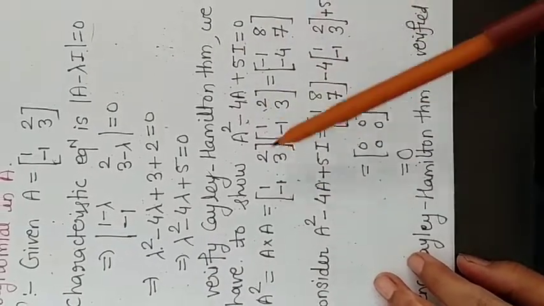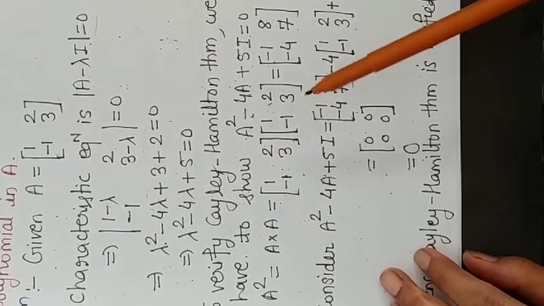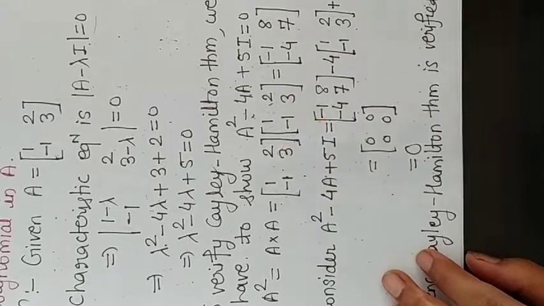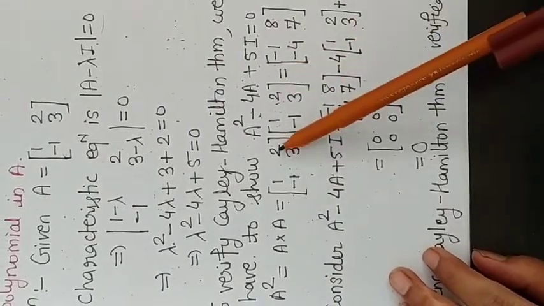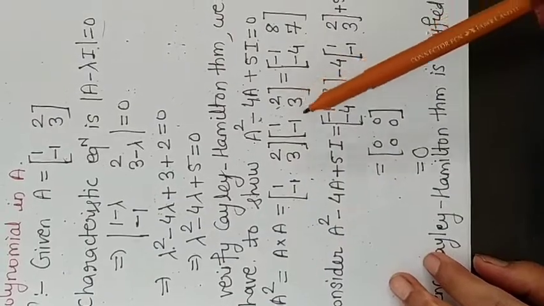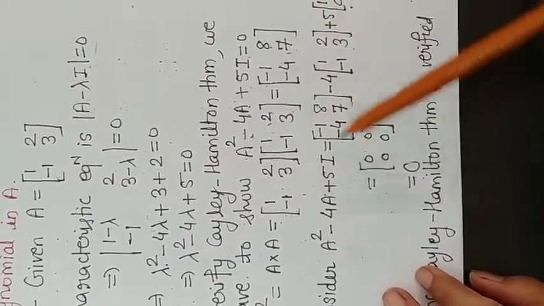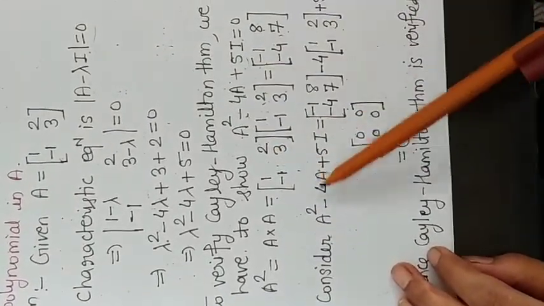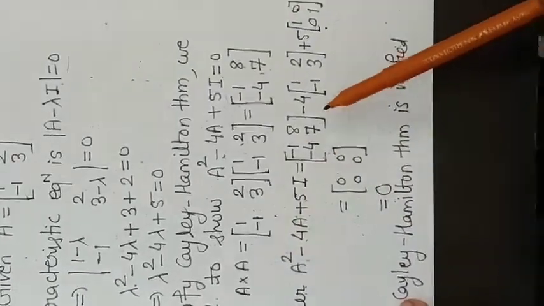Now let us multiply. So it is 1 into 1 plus 2 into minus 1, so minus 2. 1 minus 2 is minus 1. Then 1 into 2 is 2 plus 2 into 3, 6. 2 plus 6, 8. Likewise, we get A square. Now consider the left hand side, which is A square minus 4A plus 5I.